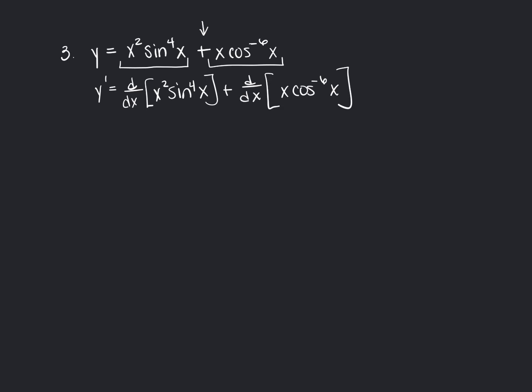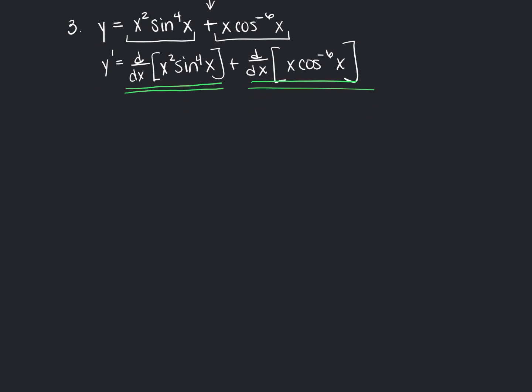Okay? So it might make more sense here to split these up momentarily. Like, figure out what the derivative of x squared sine to the fourth x is. Figure out what the derivative of x cosine to the negative 6x is, and then put them back together. Because ultimately, because of the sum and difference rule, I know that I'm just going to be adding their derivatives together. So let's do that, okay?